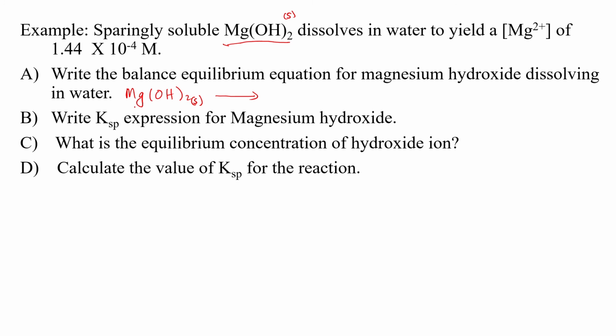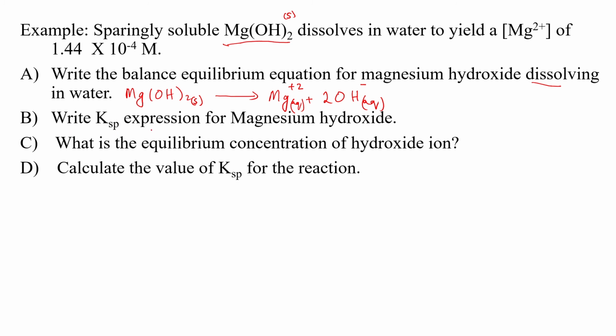It will simply dissociate into its ions. Dissolving means dissociating into the ions. It will give you magnesium plus 2, that is the charge of magnesium. It will give you hydroxide ions, actually two hydroxide ions, and the phase for ions is aqueous. Okay, so this is your balanced equation.